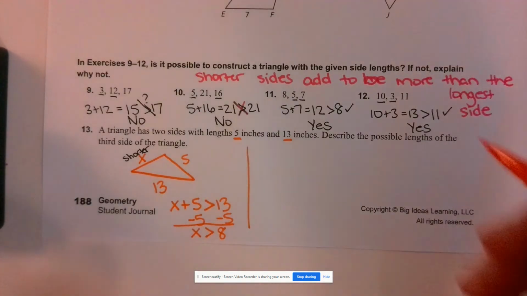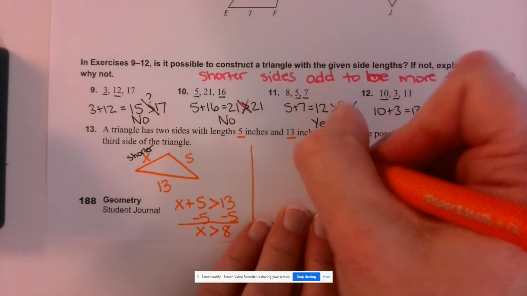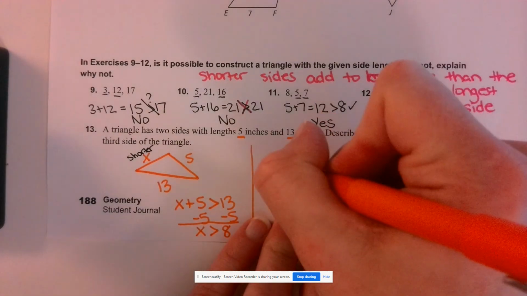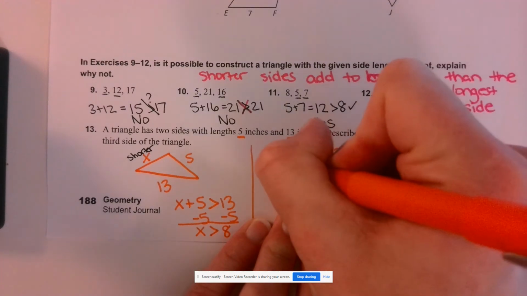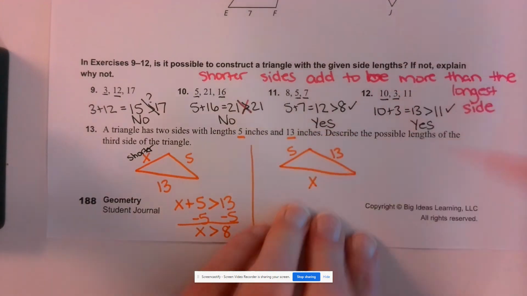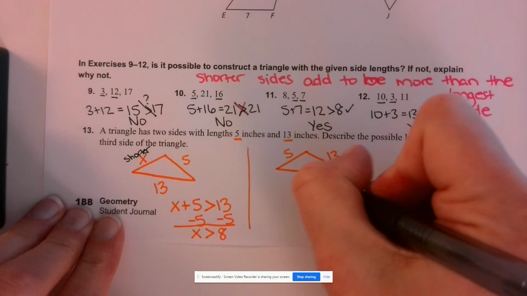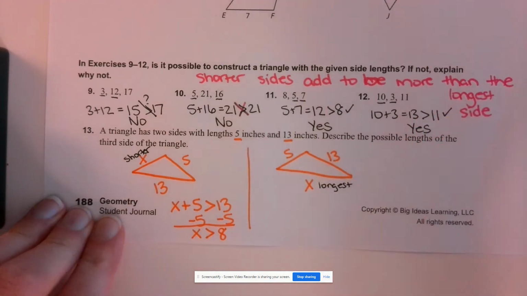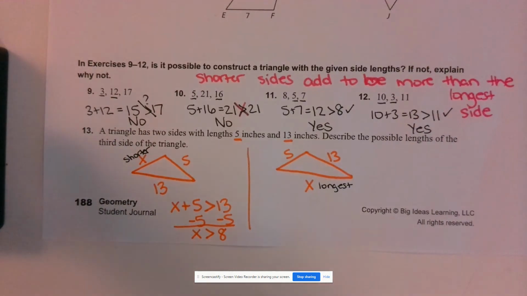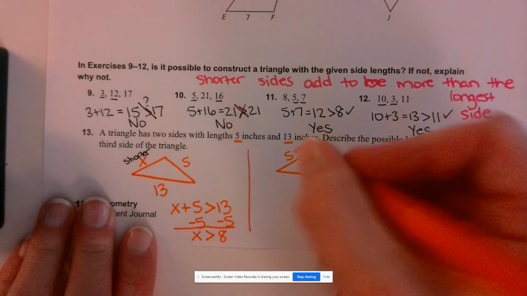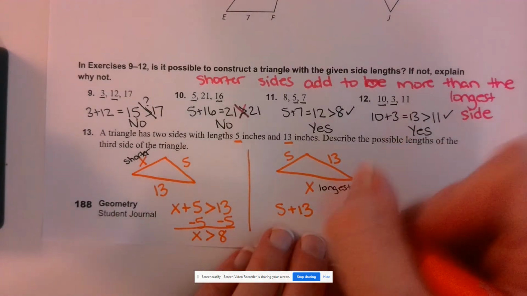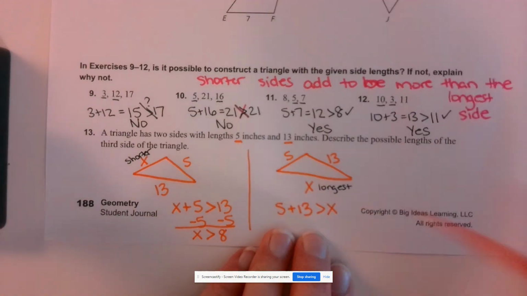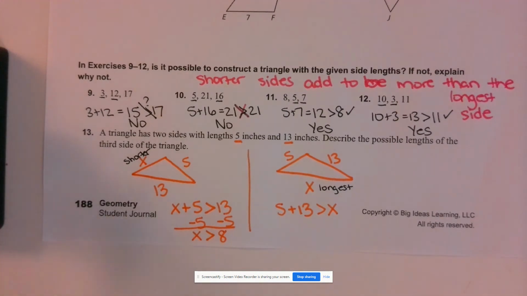Now, the other possibility is maybe X is the longest side. That would make 5 and 13 the two shorter sides, and X is the longest side. If this is the case, then in order to be a triangle, the two shorter sides, 5 and 13, would have to add together to be greater than X, which is the longest side.